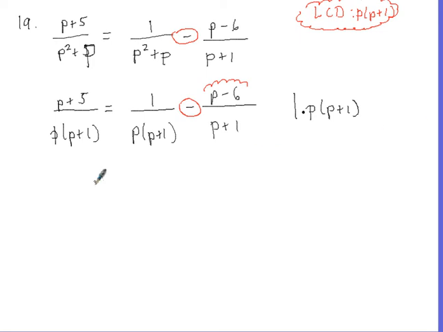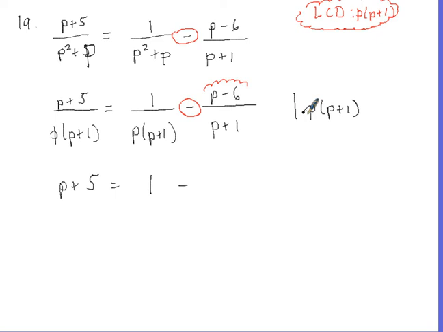Let's see what happens. Anyway, I multiply by p times p plus 1. So divided by p times p plus 1, this gives 1. So I'm left over with p plus 5. Also this multiplied by p times p plus 1 divided by p times p plus 1, this leaves 1. And now minus, watch out, this is p times this bracket versus just p plus 1.